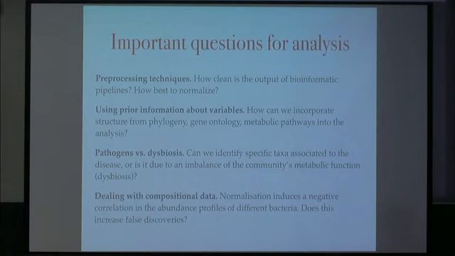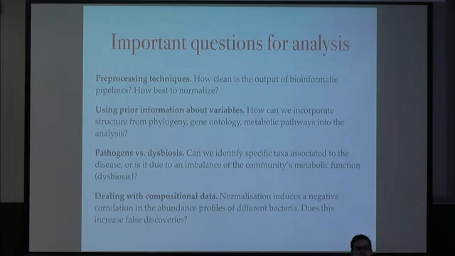And then finally, how do we deal with the fact that the data are compositional? When you normalize a column, that induces a negative correlation in the abundance profile for different bacteria. Think of an extreme example where you have 2 bacteria in the community, and you apply an intervention that will kill off one of them. That will increase the abundance of the second bacteria as well, right? So these are negatively correlated.